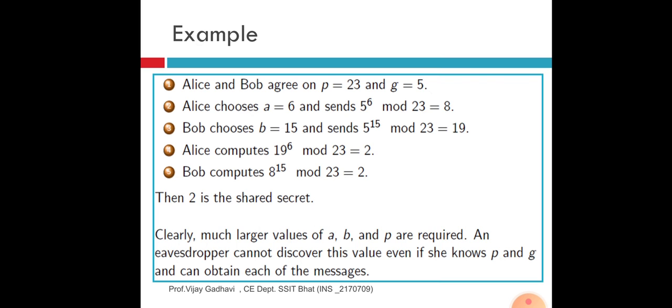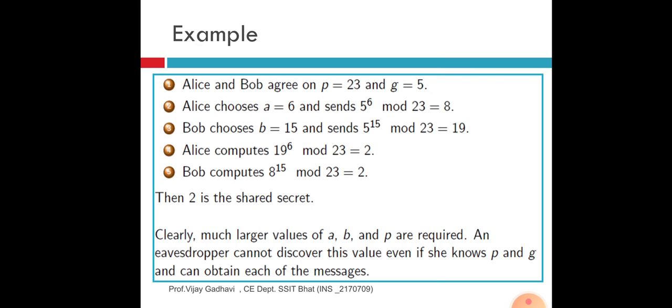Then Alice computes 19 raised to 6 mod 23, which is equal to 2. And Bob, the receiver, computes the value 8 raised to 15 mod 23, which is equal to 2. Then 2 is the shared secret key. This is all about the DH key exchange algorithm, and this is the second example we learned here.